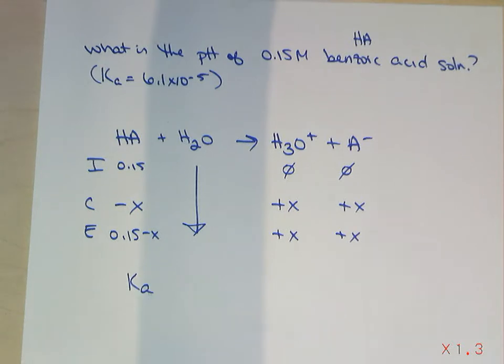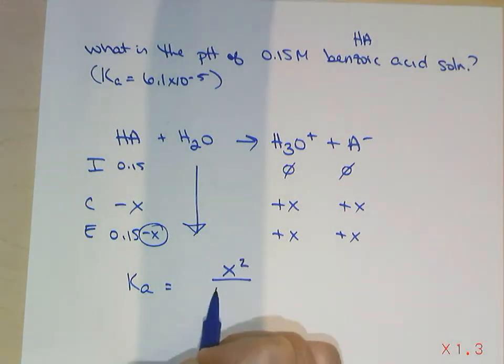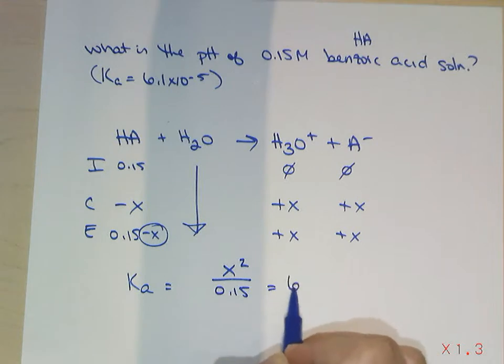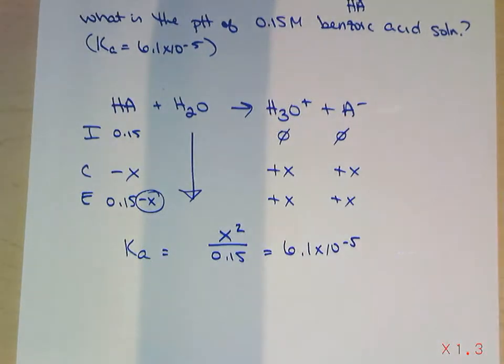So we're going to do the simplification that this is small. So let's double check. 6.1 times 10 to the negative fifth times 0.15. Square root that.